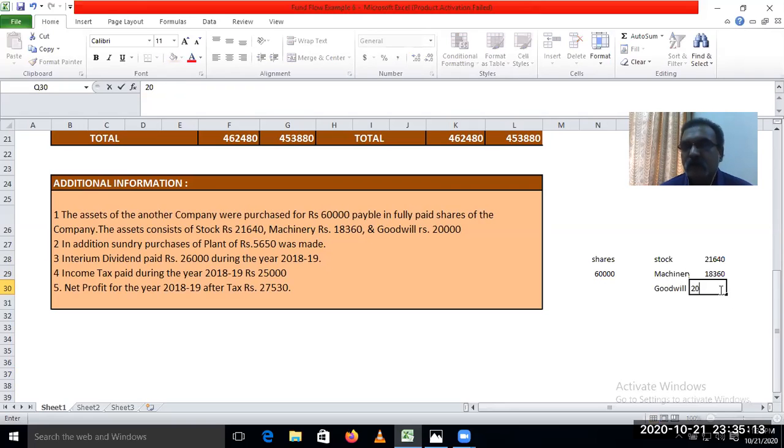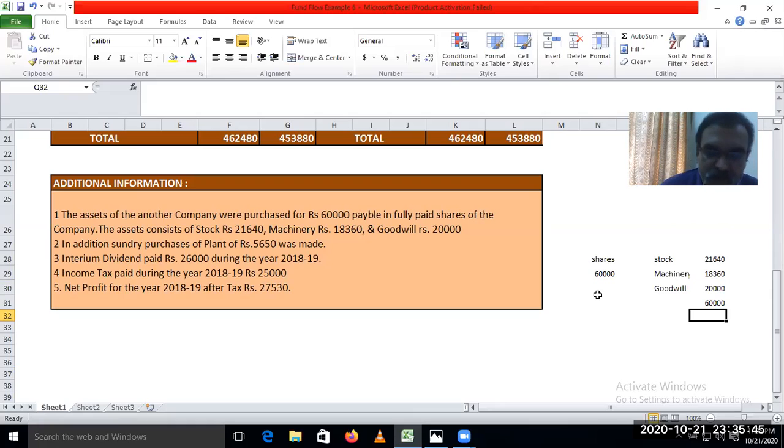If you take the total of all these, it must be 60,000. You can check out, the total is 60,000. It means during the year, the company has issued shares of rupees 60,000. But against issuing these shares, what has the company received? Stock of rupees 21,640, machinery 18,360 and goodwill rupees 20,000.